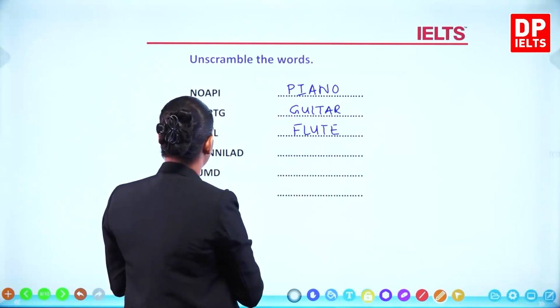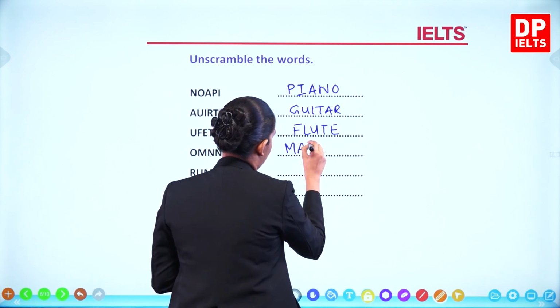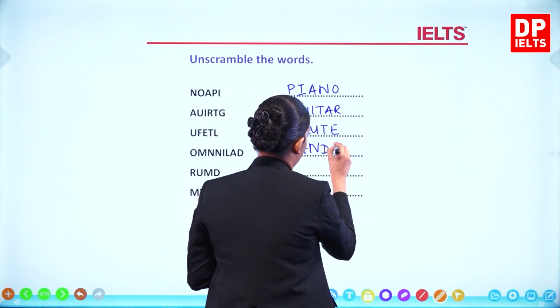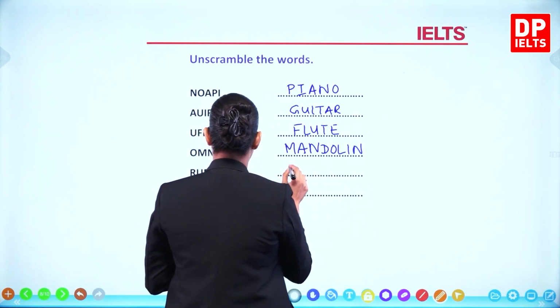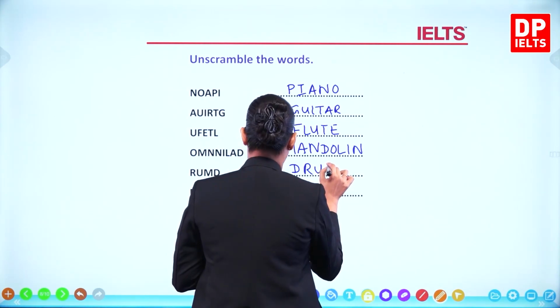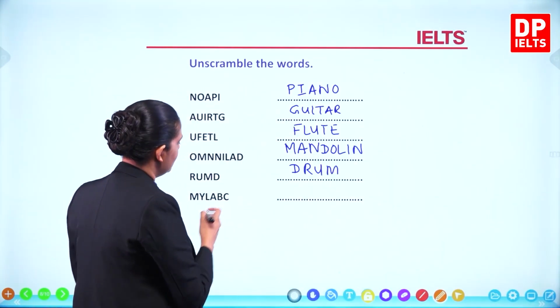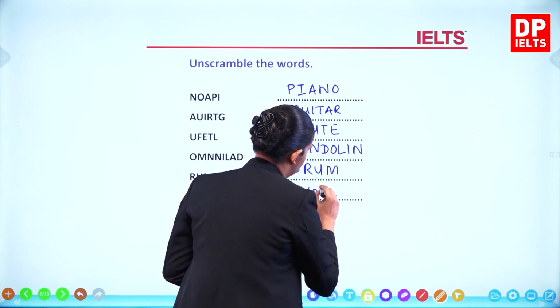Next one, mandolin. Next one, drum. Right, so the next one is cymbal.